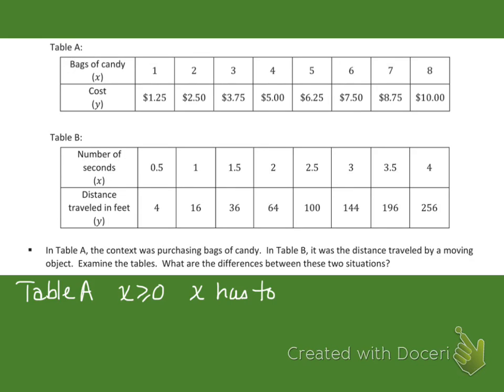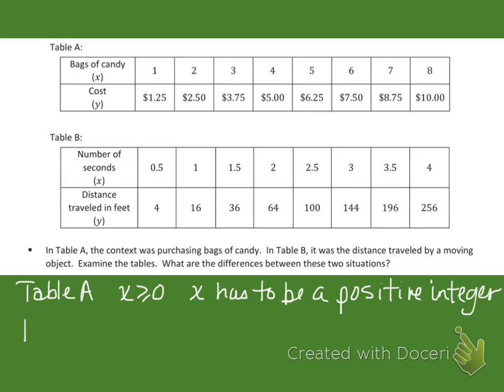And since it's greater than 0, it has to be a positive integer. We can't have any fractional bags of candy that we're selling in this situation. So x has to be a whole number, or we can think of it as a positive integer for this function to make sense. Okay, which also meant that our cost was also going to be positive, but we're mostly talking about the limitations on the input here.